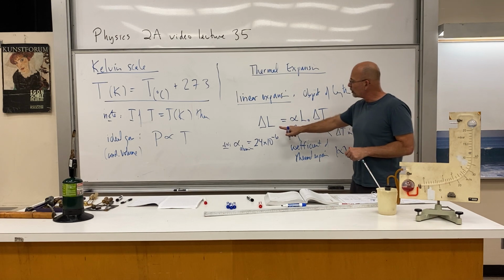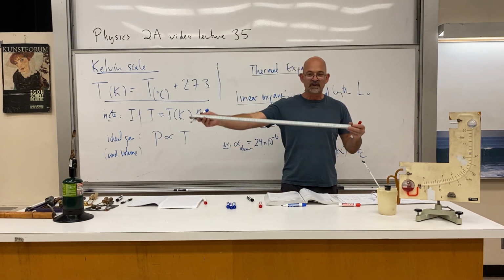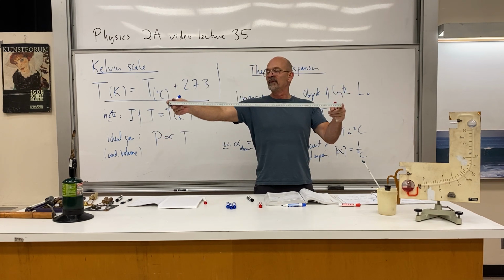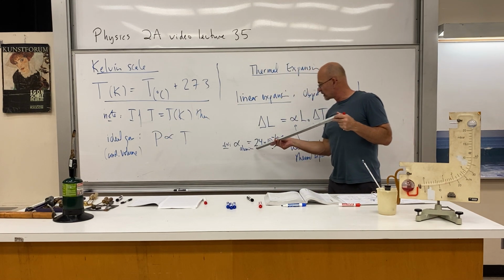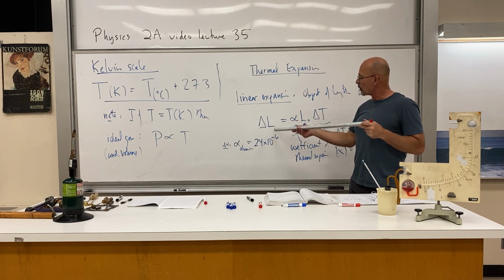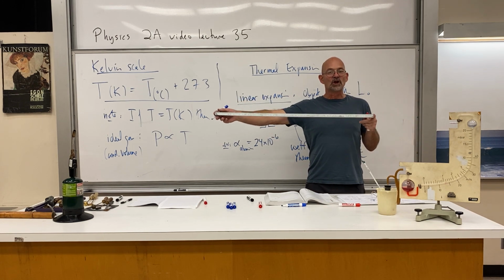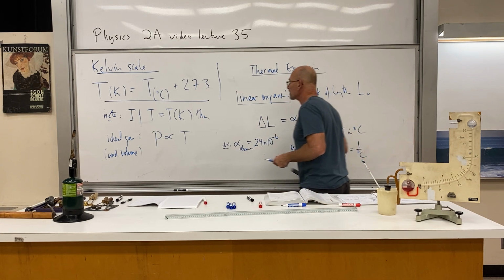So suppose we want to find the temperature. Now this is an aluminum rod, an aluminum meter stick, and there is its coefficient of linear expansion. So what temperature would make it 1 millimeter longer?